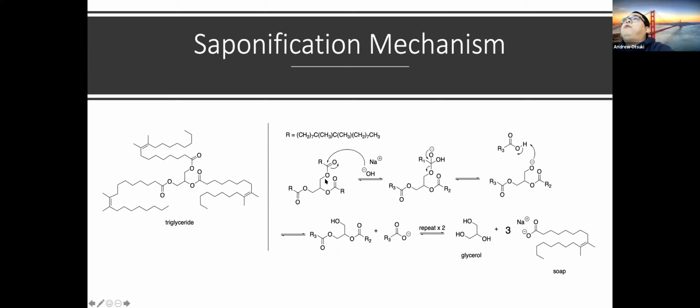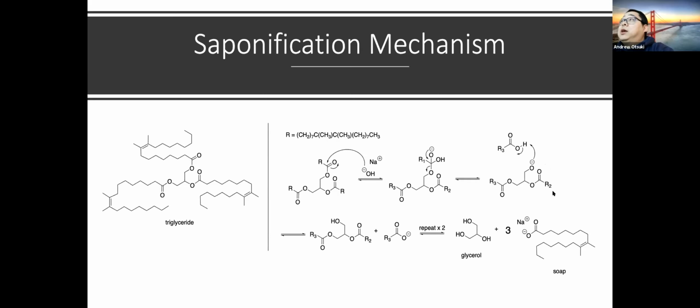Once I pull that equilibrium to this part, it'll pull the other previous equilibrium reactions, and that will cause my reaction to go in the forward direction. So we use a favorable fast step to isolate the products, and that's how we control the thermodynamics of the reaction and get an unfavorable leaving group to leave.